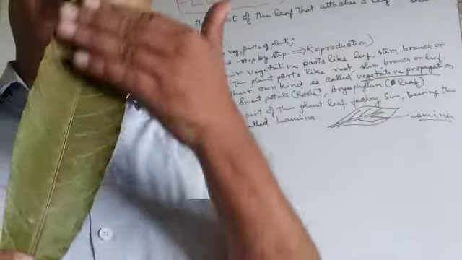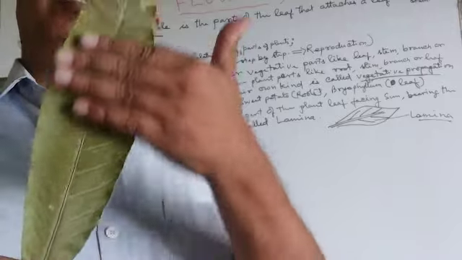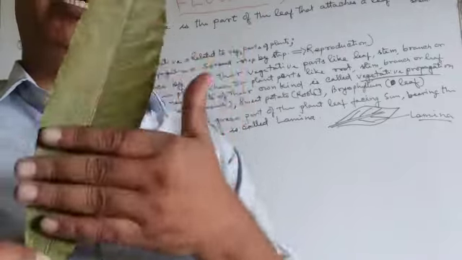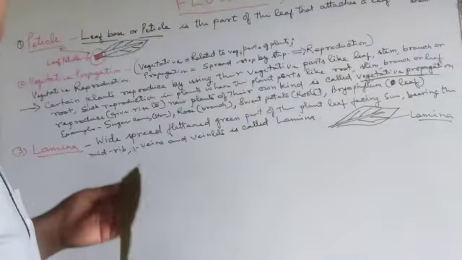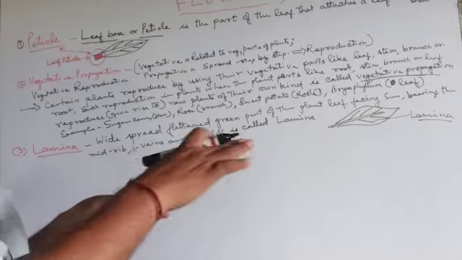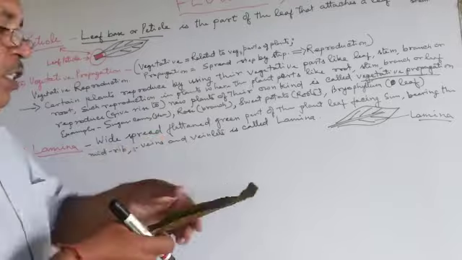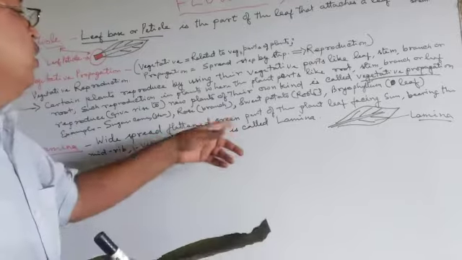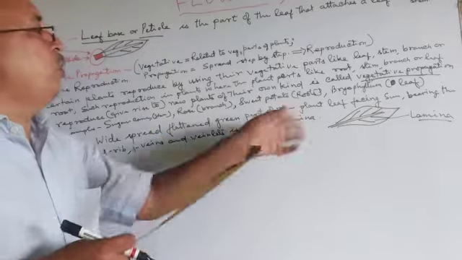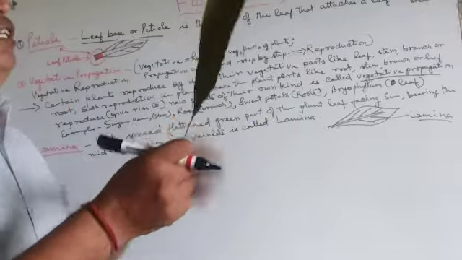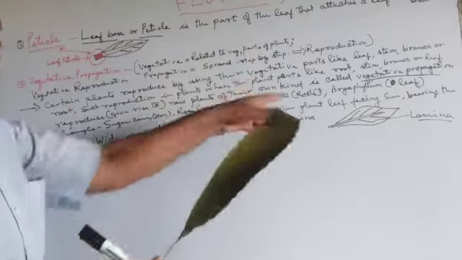What is this one? This one is lamina of the leaf. This flat portion where I am moving my hand, this is lamina. So the widespread, flattened, not thick part of the plant leaf. This full is leaf, this lamina is its part.